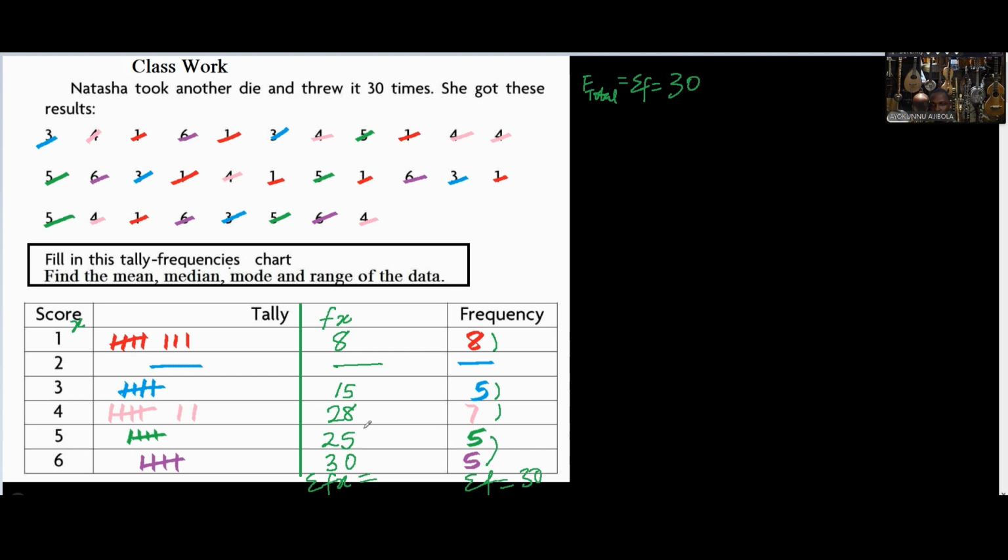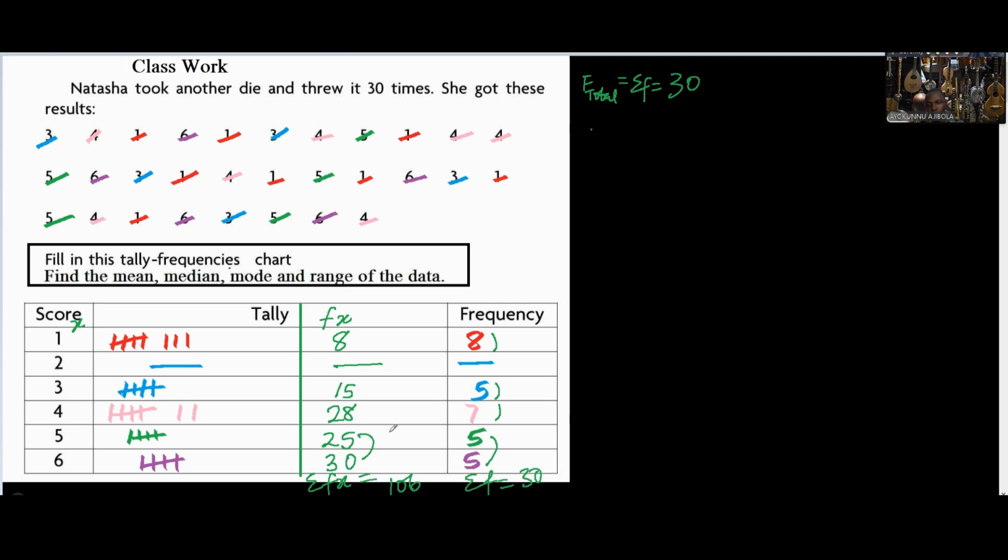So this is going to be 30 plus 25, that's 55. Then let's add 28 to 55. Add 20 to 55, that's 75 plus 8, that is 83. Then plus 10 here, 93 plus 5, that is 98. Then 98 plus 8 will be 106. So you can say this is 106.